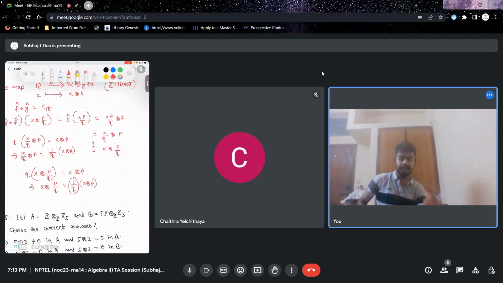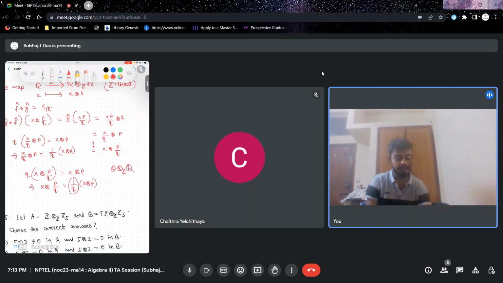But a priori this R tensored over Z with Q is just a Z module. We don't know whether we can multiply by scalars from Q. But by extension of scalars, we know that this is actually a Q module, so 1 over Q times X tensored with P makes sense.